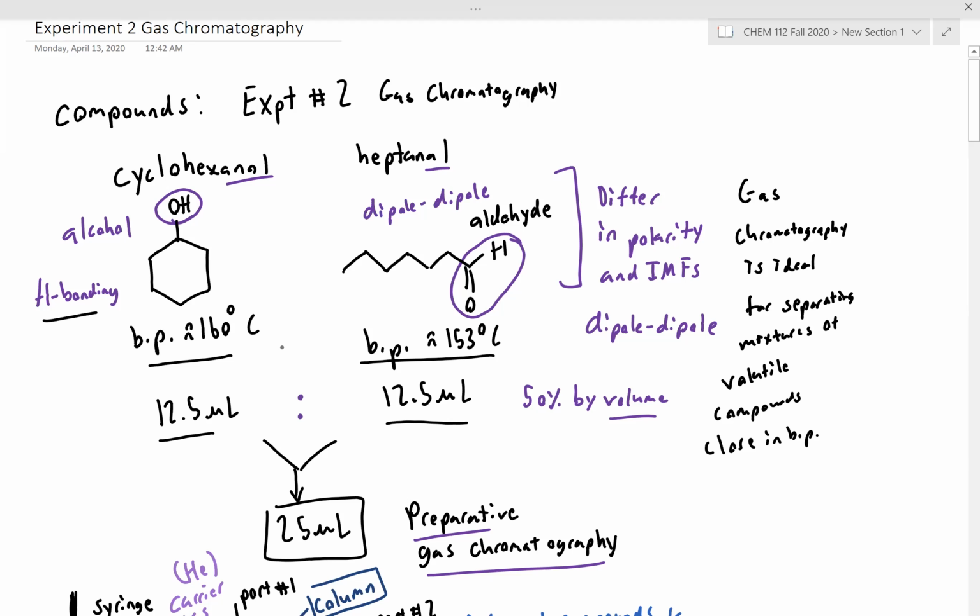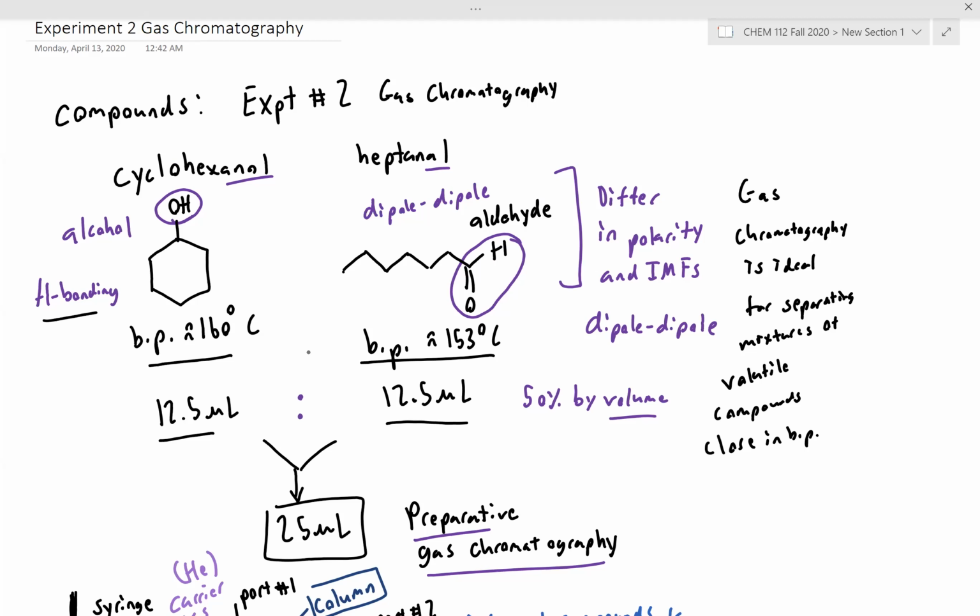So even though separating these two compounds via distillation, even fractional distillation, would be relatively challenging, gas chromatography is able to achieve the separation of compounds with very small differences in boiling point by utilizing their subtle differences in physical properties.